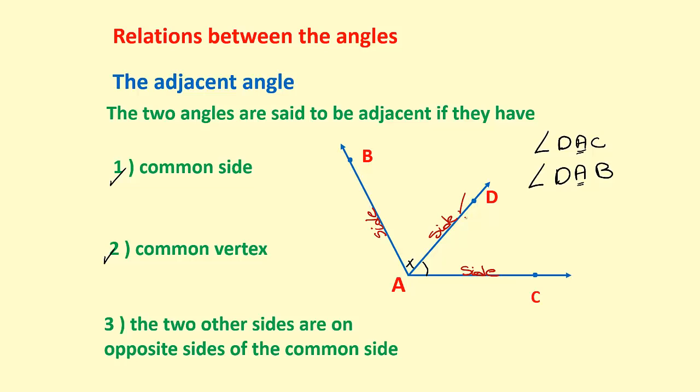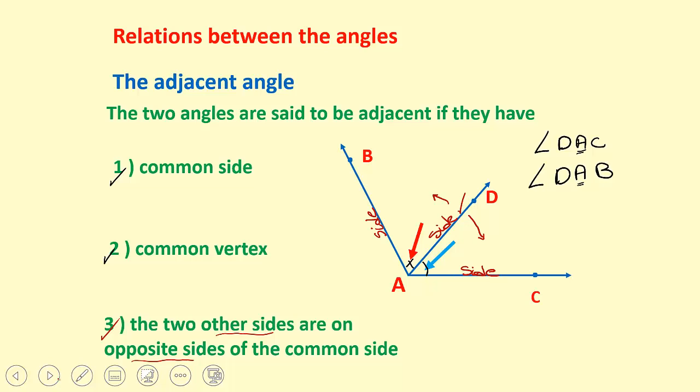If you have a look, you will find that AC is on the right hand side of AD and AB is on the left hand side of AD. So the 2 other sides are on opposite sides of the common side. So this is the last condition and it's also fulfilled. Having the 3 conditions, I can say that those 2 angles are adjacent angles. And this was the first relation between angles.